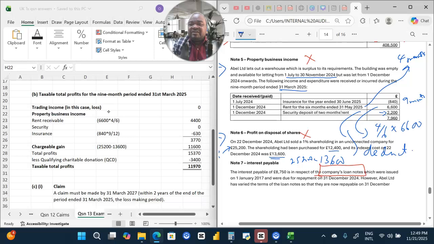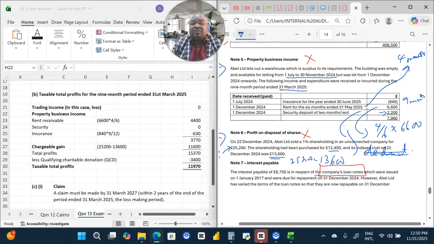So whether they had written 1 million here, we were going to put 0 on the tax schedule for the taxable total profits. Why? Because that's not income. All right. So let me just remove this deduct and just say do nothing, because that's not income, isn't it? Okay, I'm sure we are together. That's not income, so put a 0.